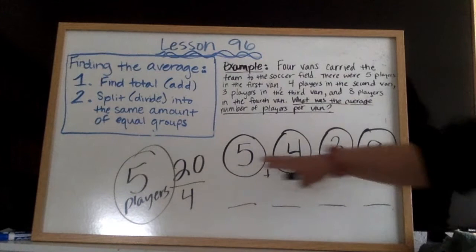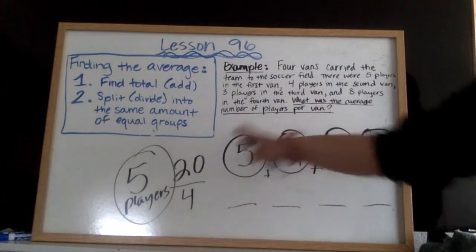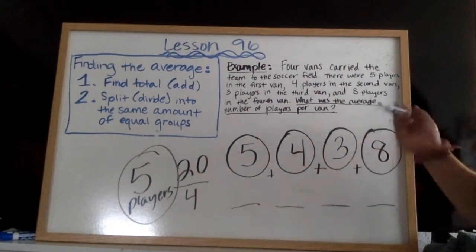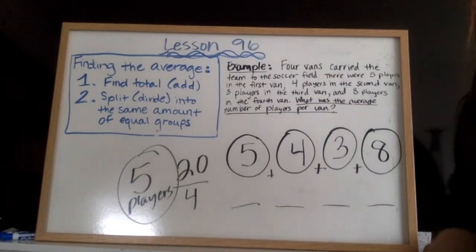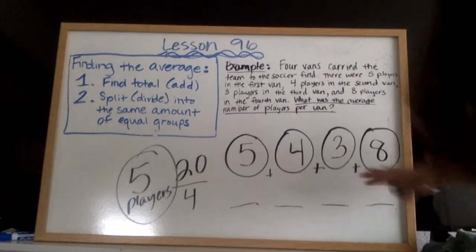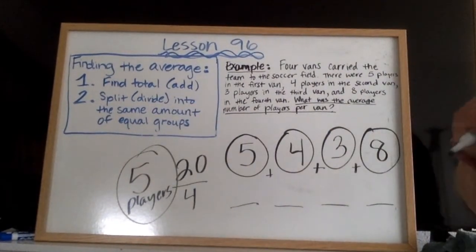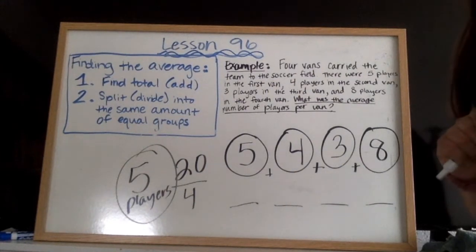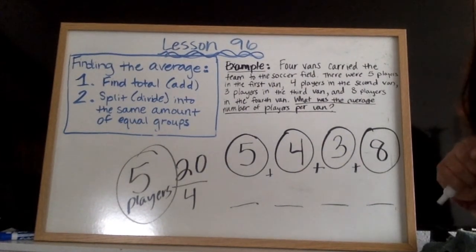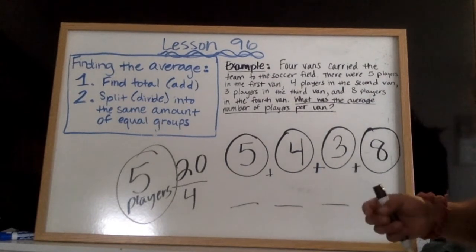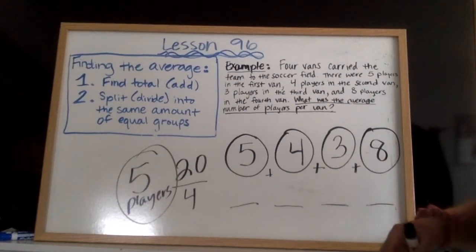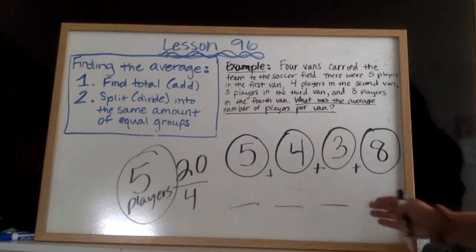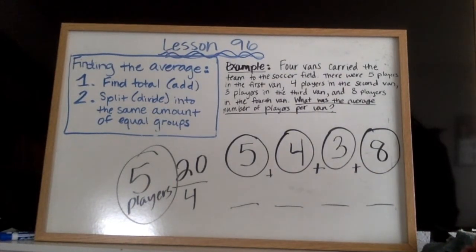So right now, when we added up all of these players, we figured out that there was 20 total. Now, if I told all of these soccer players to get out of the van so we could reload the vans, and I told them I wanted the vans to be equal, we'd have to start going one player at a time into each van. So let's try it out like that.